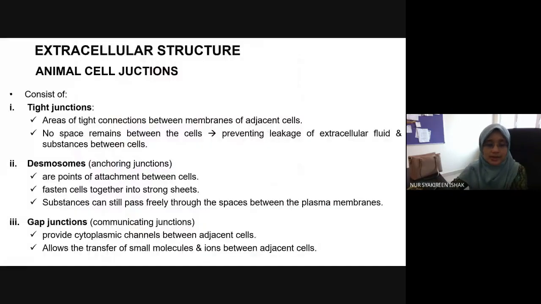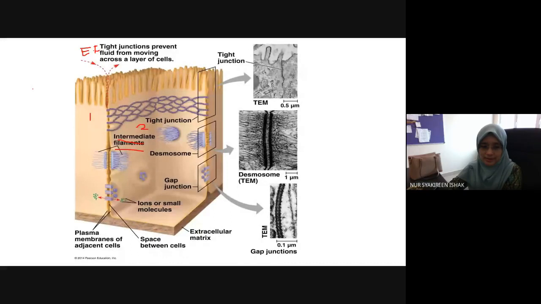And then the next one is gap junction or communicating junction. So provide cytoplasmic channels, nampak? Between adjacent cells, allows the transfer of small molecules and ions between cells. Okay, so that is cytoplasmic channel. So gap junction yang ini, it allows ion or small molecule to pass through.